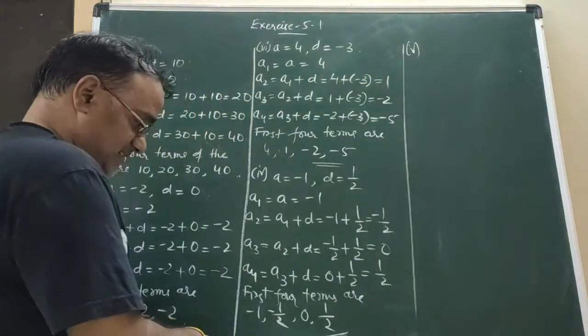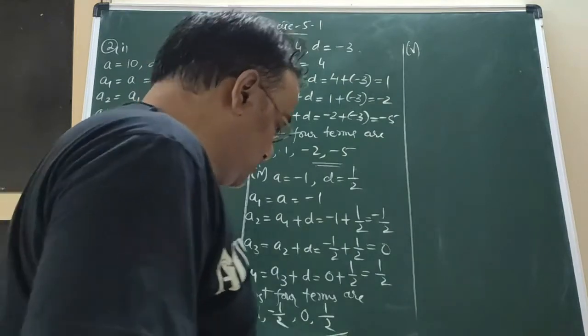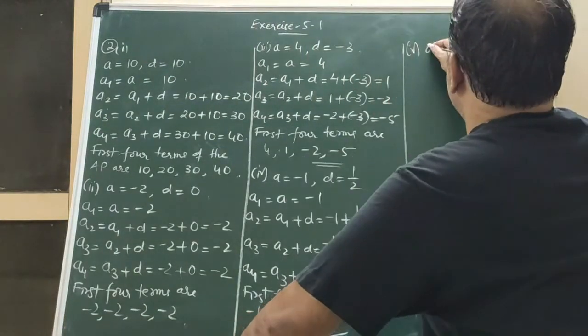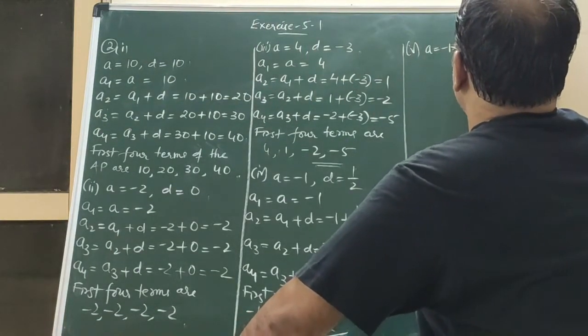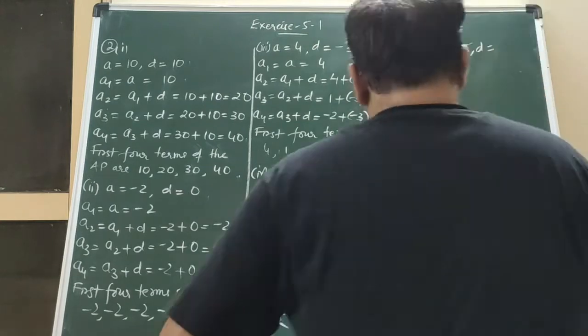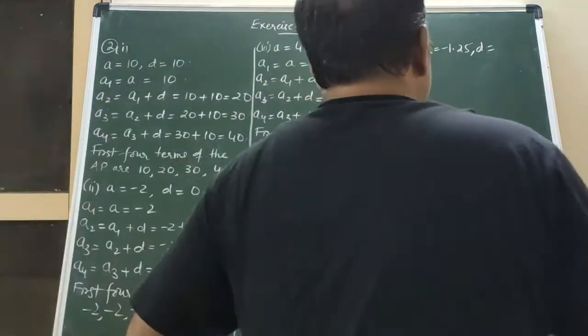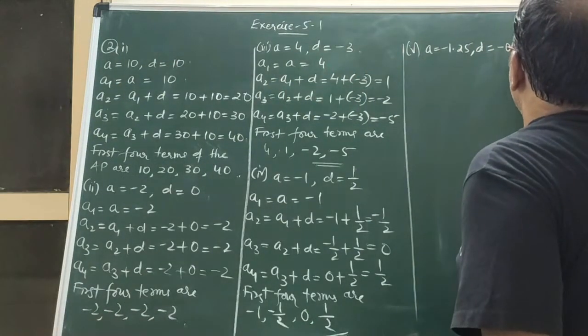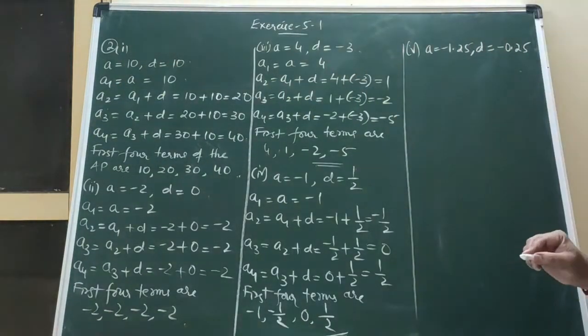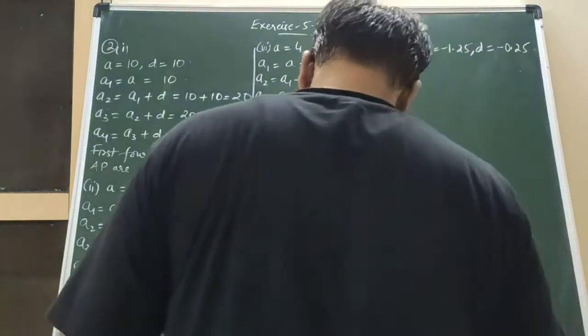Fifth bit is A is equals to -1.25 and D is equals to -0.25, right? तो यहाँ पे क्वेश्चन फिर से देख लेते हैं सही.